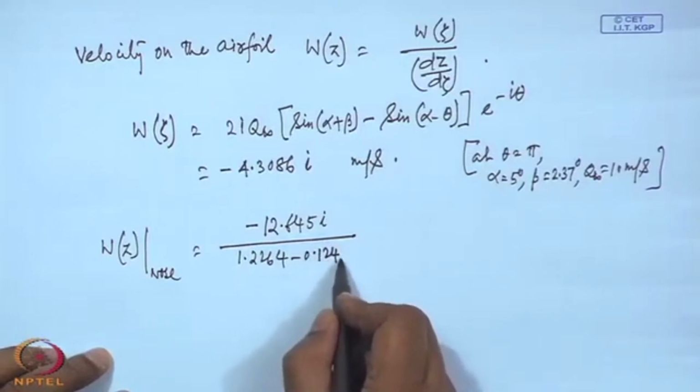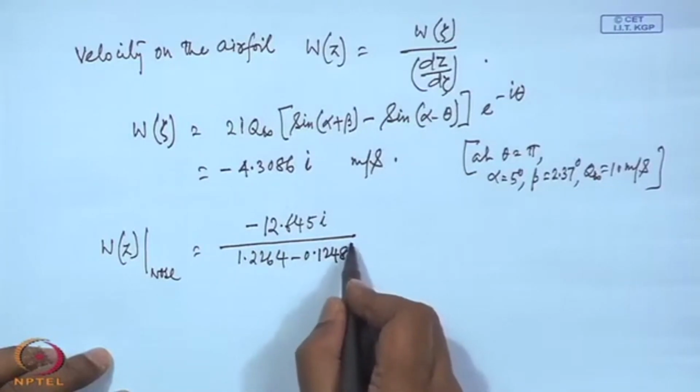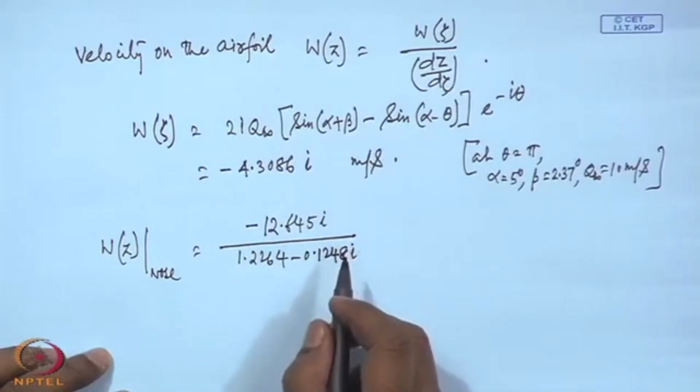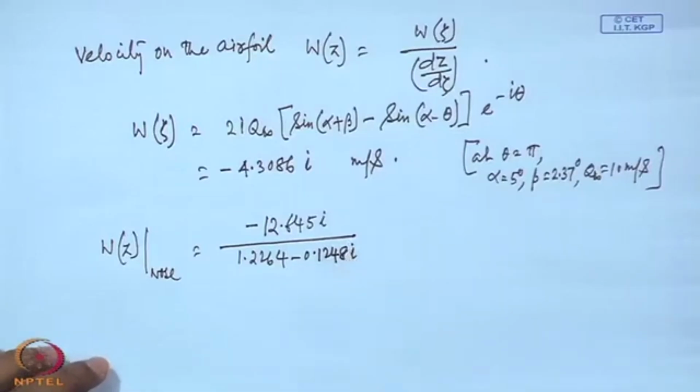Excuse me, sir. So the Q infinity value that we use here as 10 meters per second is given in the Z plane. So shouldn't we transform it for using it? No, the free stream, that q infinity will not change, free stream speed will not change, in both Z and zeta plane. We have never changed that.